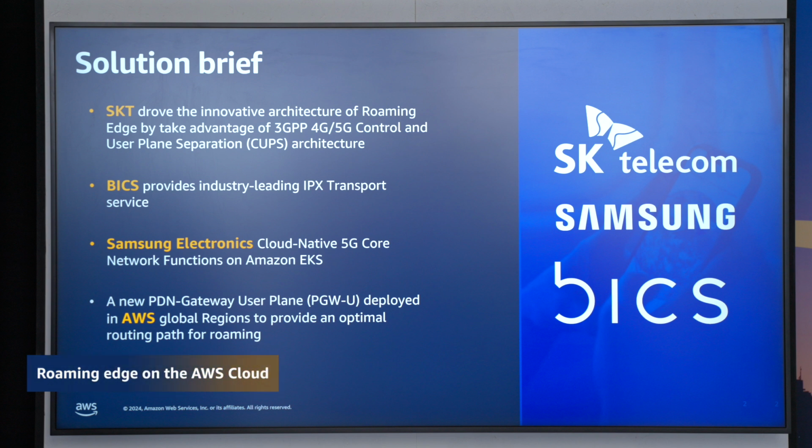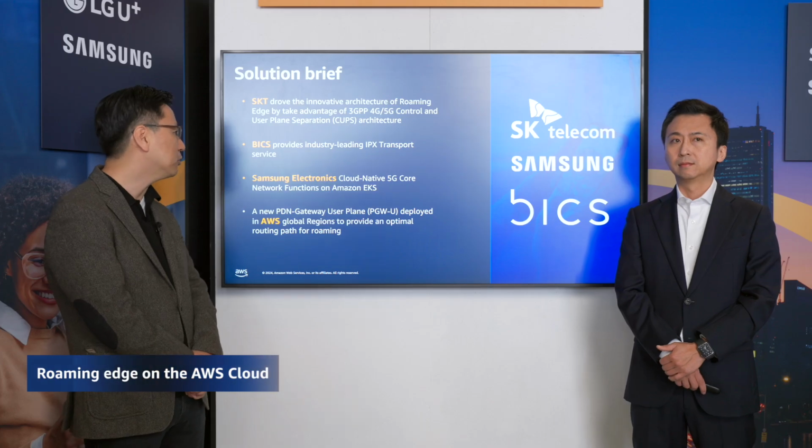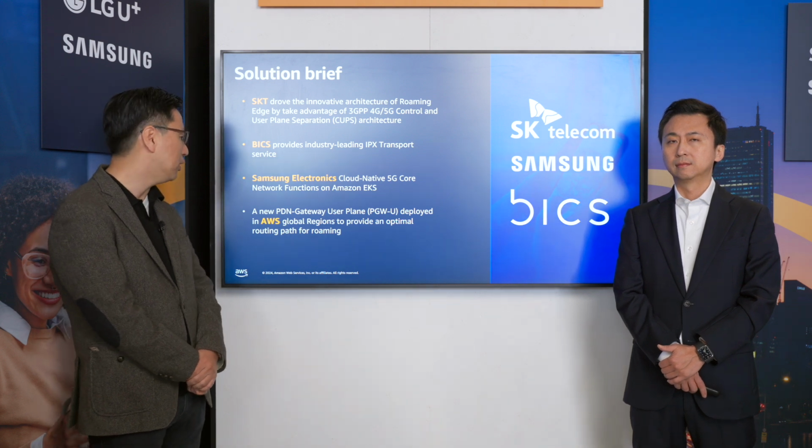BICS provided their commercial IPX transport network. Samsung Electronics developed an AWS optimized cloud native 5G core UPF for this use case. And we provided technical support for using our global region infrastructure.